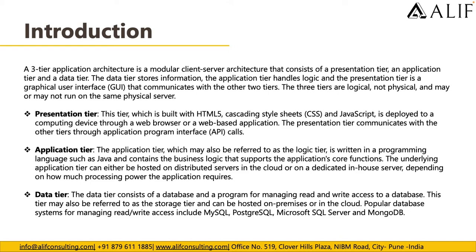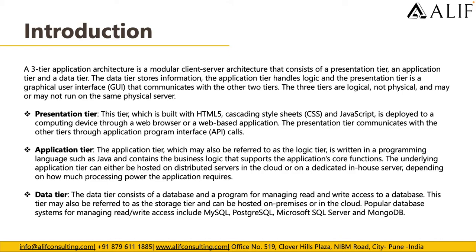So in a three-tier application, what exactly happens? You have three layers of components within that architecture. First, the presentation layer, which can be written in any language like HTML5, CSS, JavaScript, Python, anything like that.